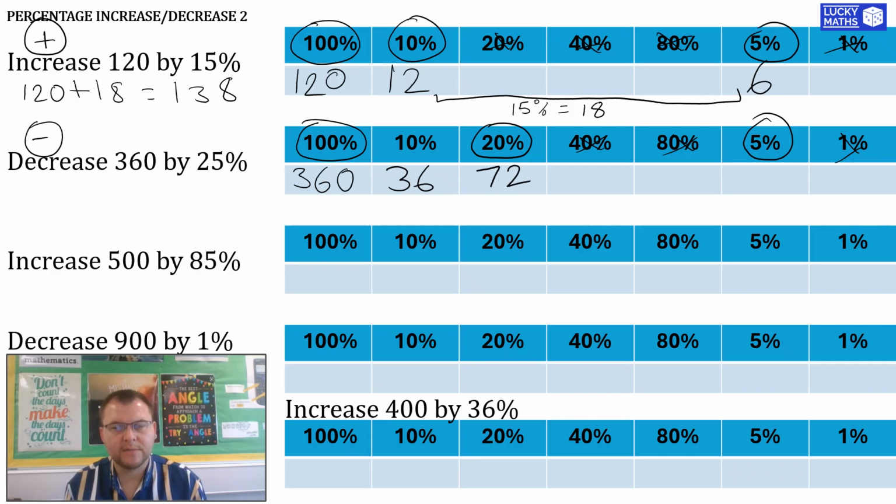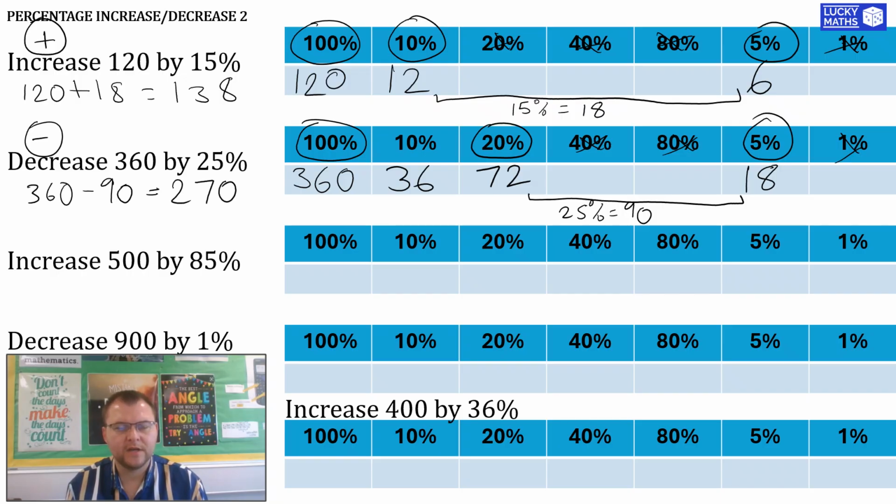But now if I look at my 10% again and half it, half of 36 would be 18. So 72 add 18 is going to mean that 25% is equal to 90. Just to clarify again, I'm going to take the 90 away from 360, leaving an answer of 270.